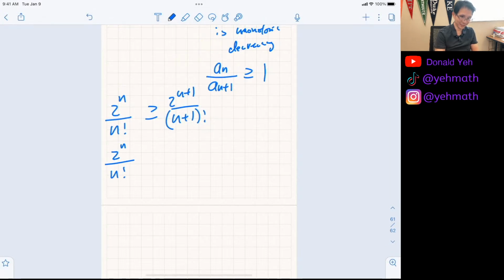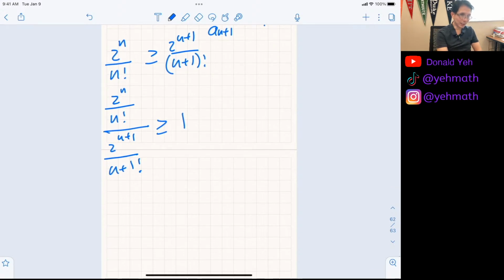You were? Okay. Divided by 2 to the n plus 1 over n plus 1 factorial. If I divide both sides, that's greater than 1. Since this fraction divided by this fraction, hopefully you guys finish working because I thought we could do it together. You can probably figure it out by yourself.